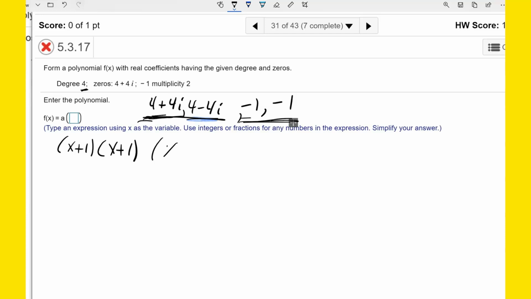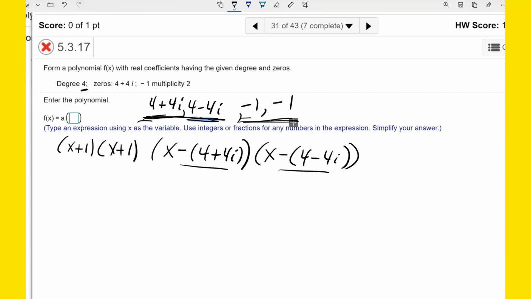To do this one, it's going to be x minus, and I have to subtract the whole thing, so I have to use parentheses, x minus (4 plus 4i). And for this one, it's similar, x minus (4 minus 4i). Then distribute your negative here and here. So that's going to become x minus 4 minus 4i, and this is going to become x minus 4 plus 4i, because when you distribute this negative, it changes these signs.